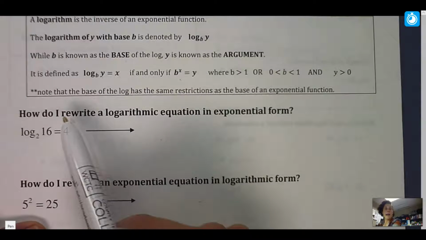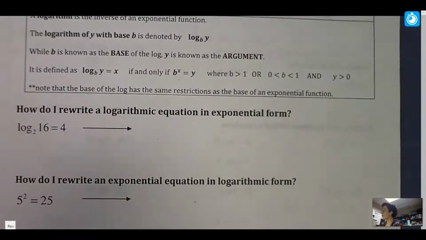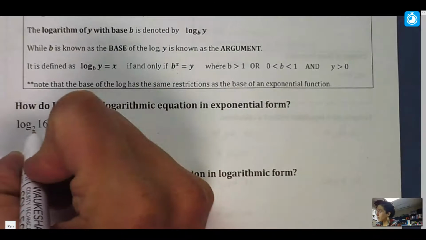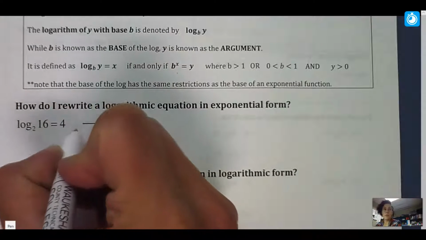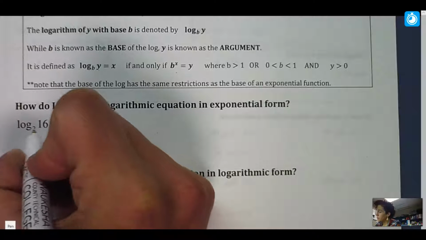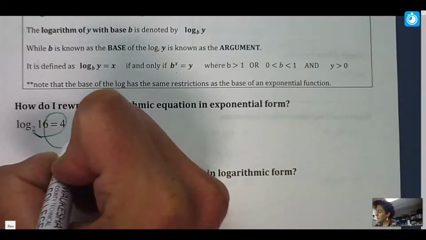So how does something like this look as an exponential equation? We always start with the base. This is a little trick you're going to do: you're going around this equal sign, and you say 2 to the 4th power is 16.